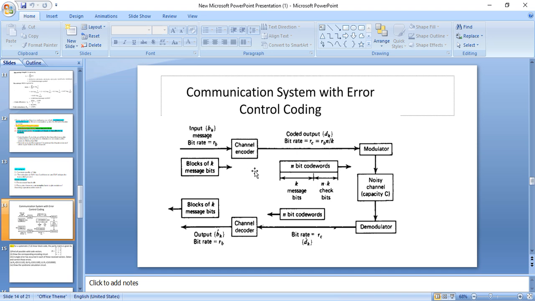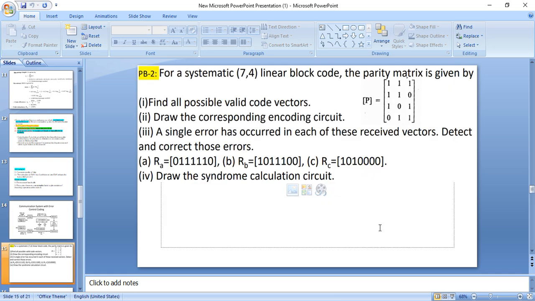So that n-bit data is transmitted to the receiver through the modulator and noisy channel. After it passes through this noisy channel, at the receiving side it may contain noise, so wherever the error is present in the received data must be detected and should be corrected at the receiver side using the channel decoder. Okay, so let us see what is the procedure used in Hamming code.